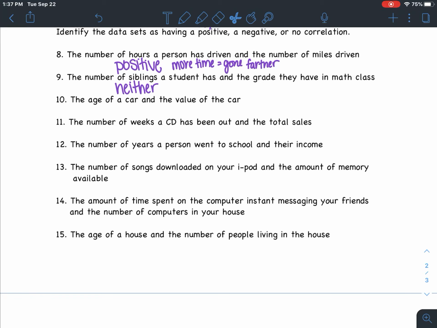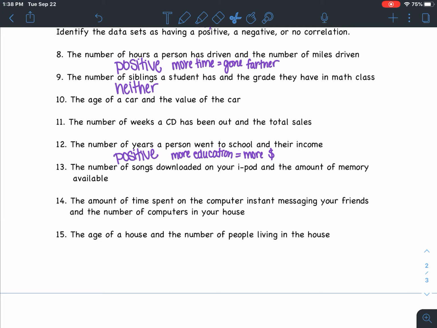And then we'll do the number of years a person went to school and their income. So the more education you have, typically the more money that you will make. If you dropped out in 2nd grade, you probably won't find many high-paying jobs.